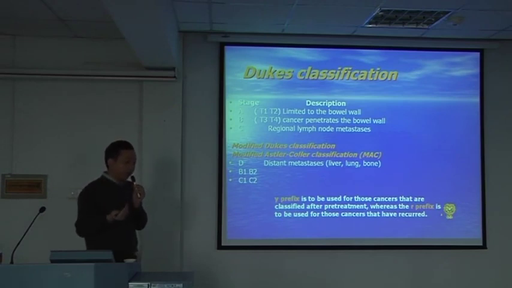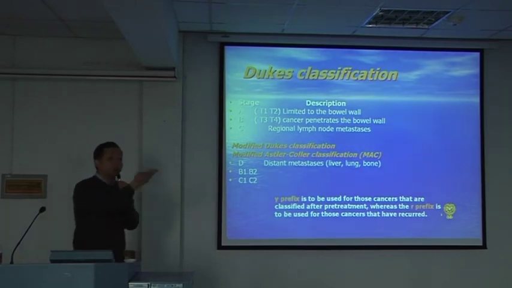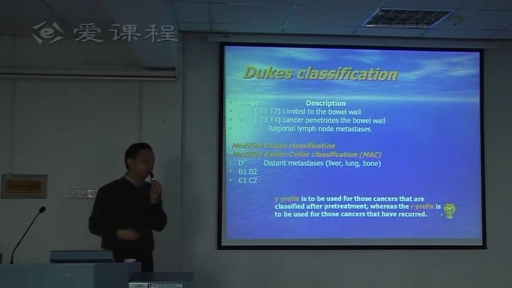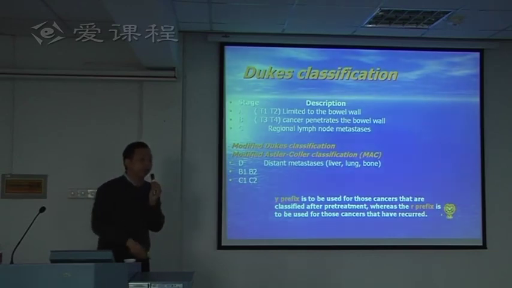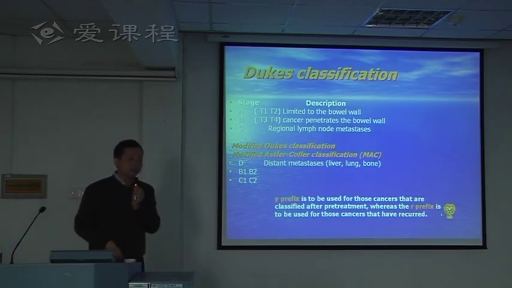The most popular site of metastasis for colorectal cancer is the liver. Yes, because we know the venous drainage, mostly the venous drainage from the superior mesenteric vein and portal vein, goes to the liver. Is Dukes classification limited to the GI system?